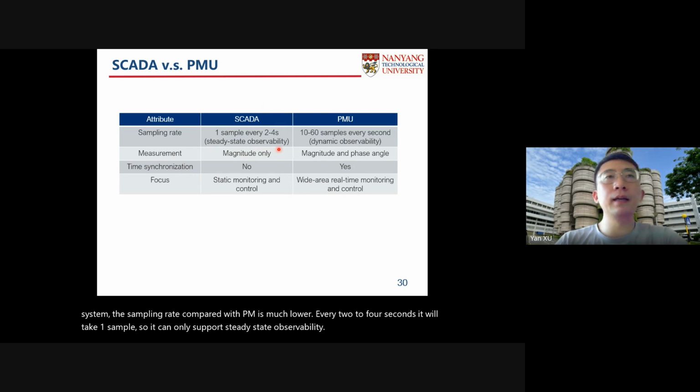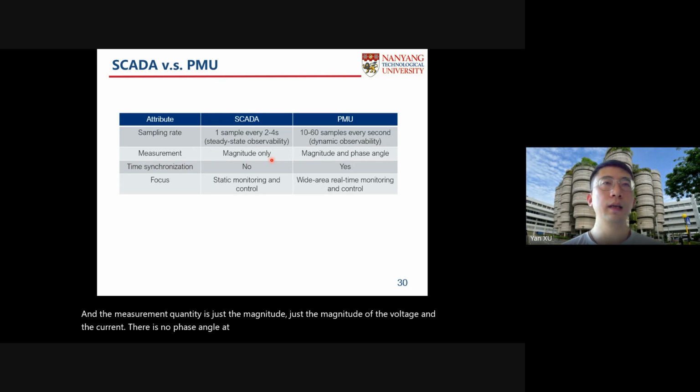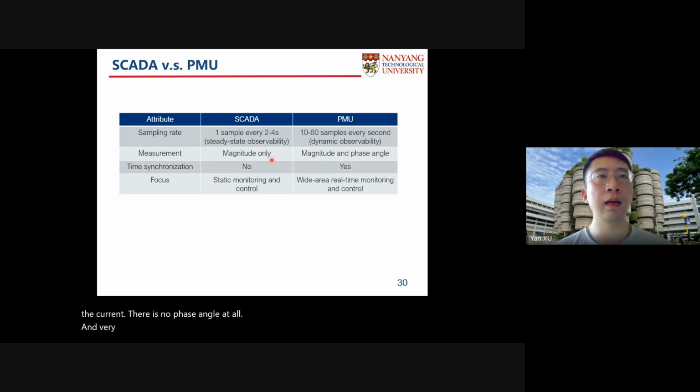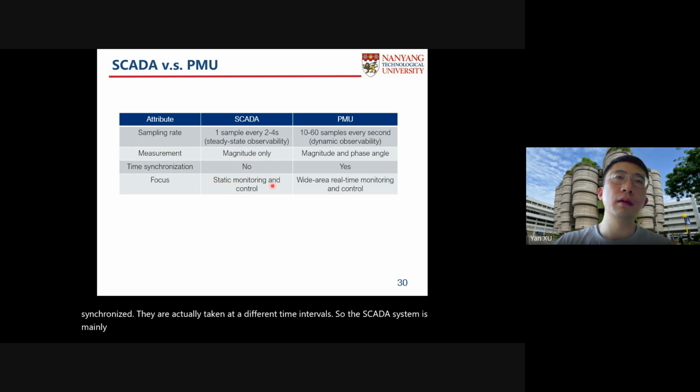The measurement quantity is just the magnitude of the voltage and the current. There is no phase angle at all. And very importantly, these values are not time synchronized. They are actually taken at different time intervals. So the SCADA system is mainly used for static monitoring and control, that is for steady state analysis.